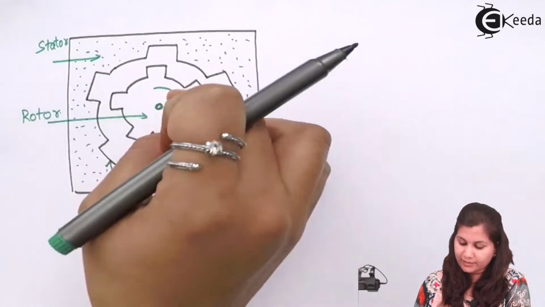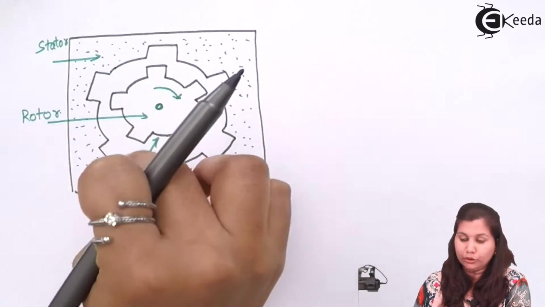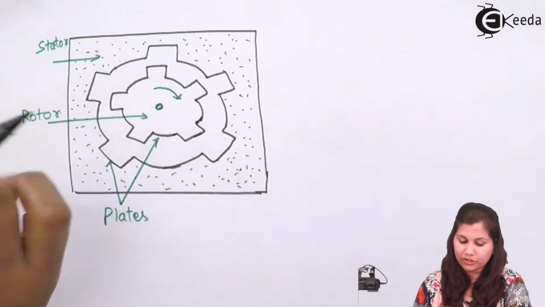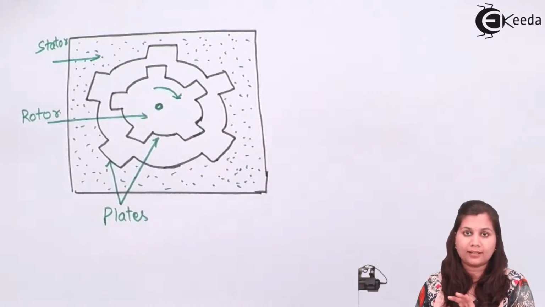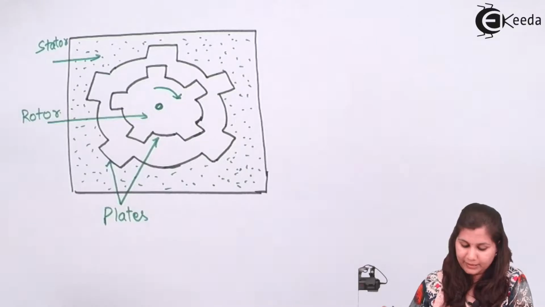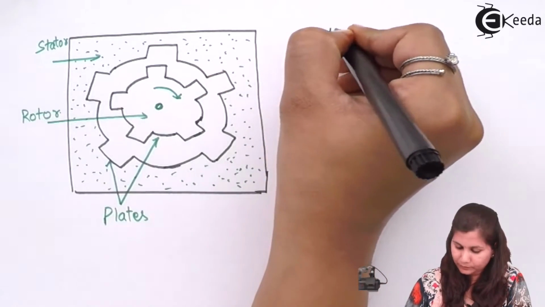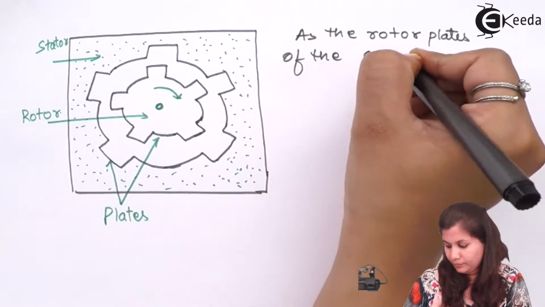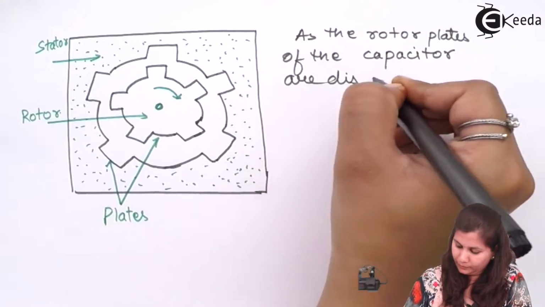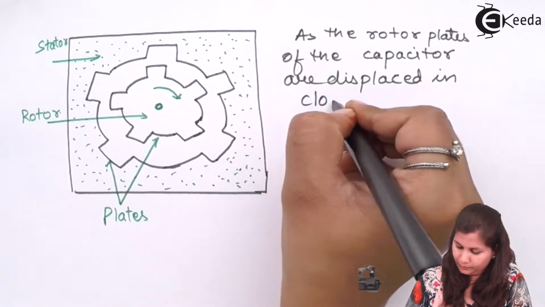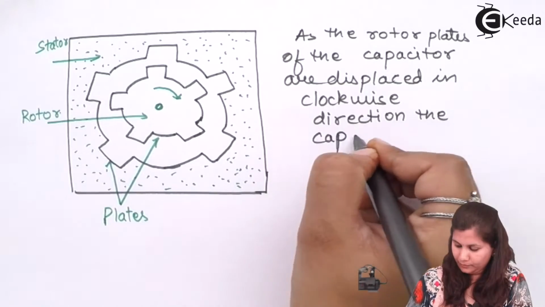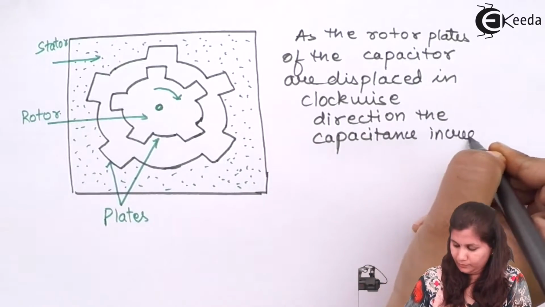Here we have a stator and a rotor, and these are the two plates. When they move over each other, the distance between the plates changes, and due to that, a change in the capacitance occurs.